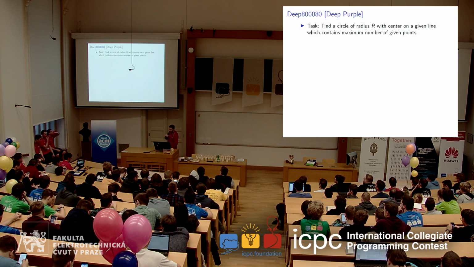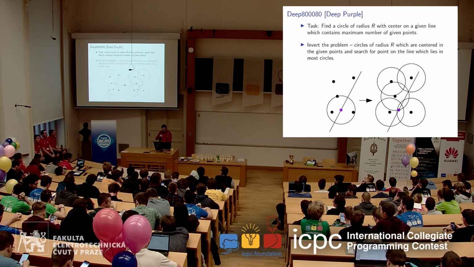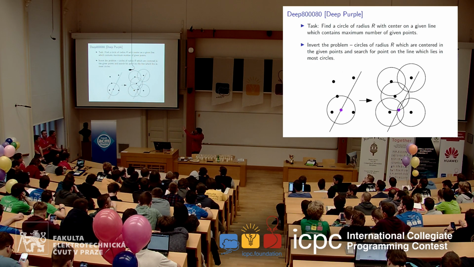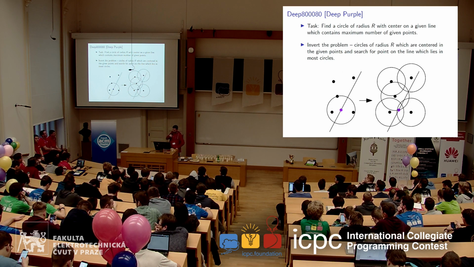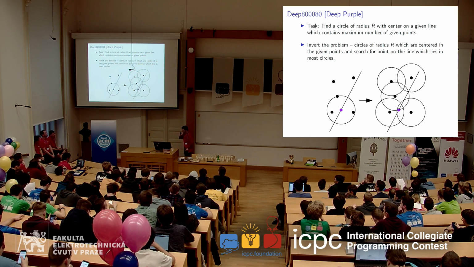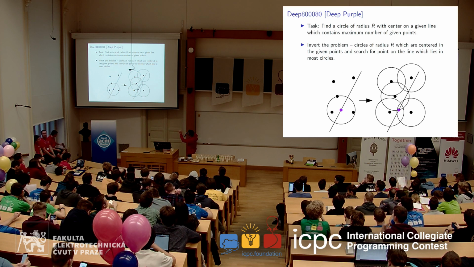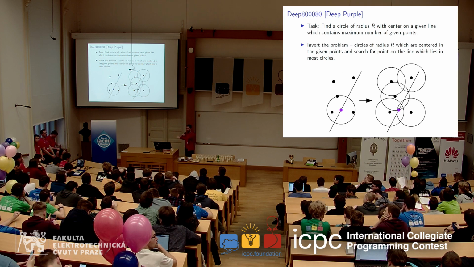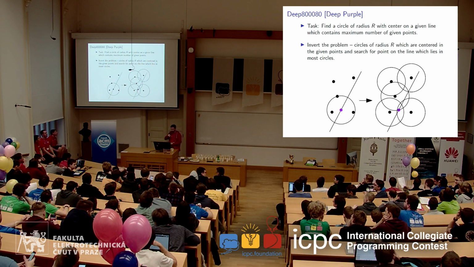So the first observation is that we can reverse this problem and basically shrink the circle into a point and make all the other points into circles of that given radius. And now we are looking for a point on the line which is in the intersection of the maximum number of these circles.